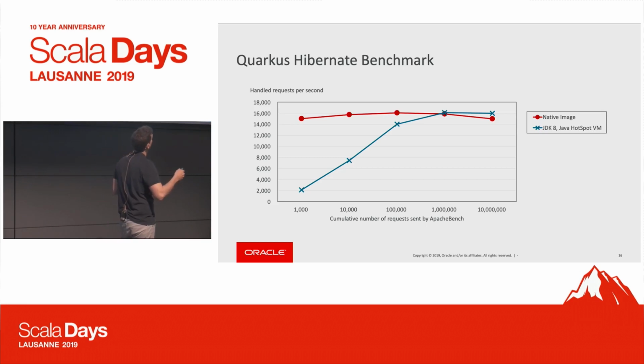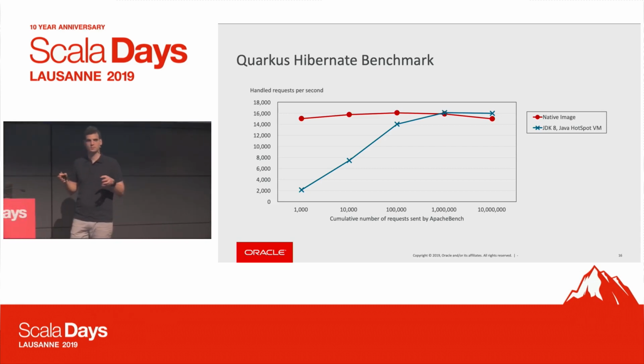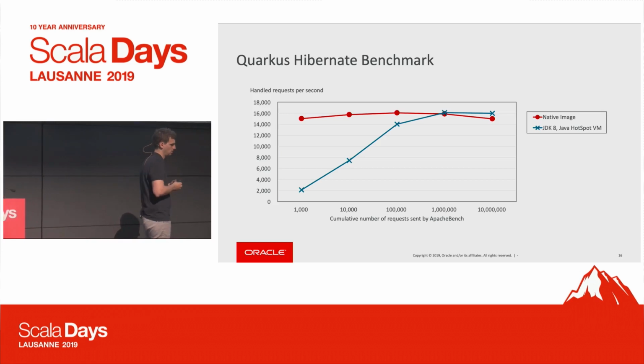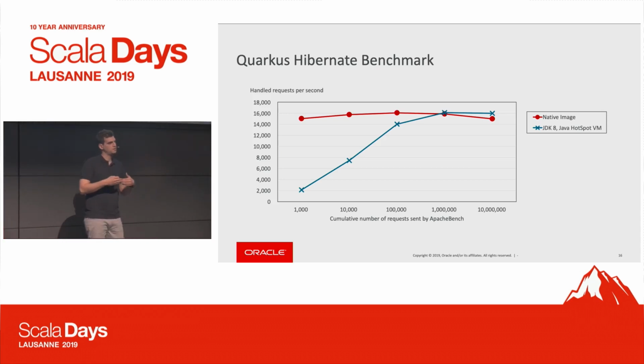And even when it's warmed up, it's just a tiny bit faster than native image. That's mostly because our GC is currently not the best thing in the world, and we are working on a new one. But with native image and PGO, very soon you will get faster code than you would get by just running on JDK8, right?